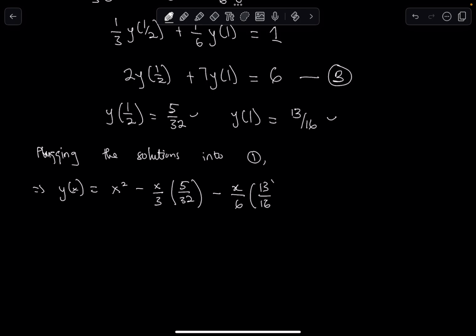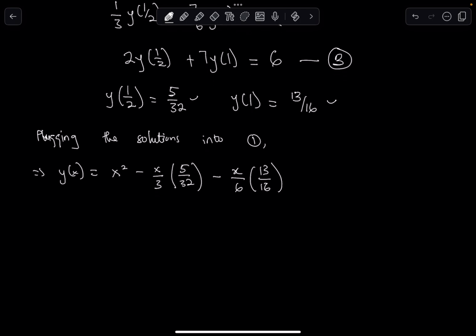All right, so we can further simplify this, and this is going to be y of x being equal to x squared minus 5x over 96 minus 13x over 96.